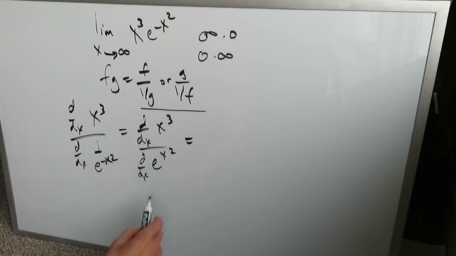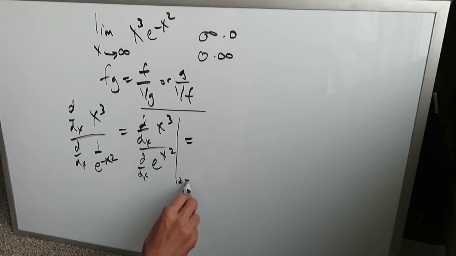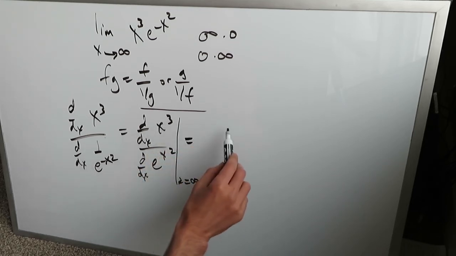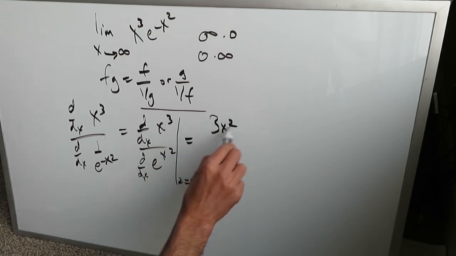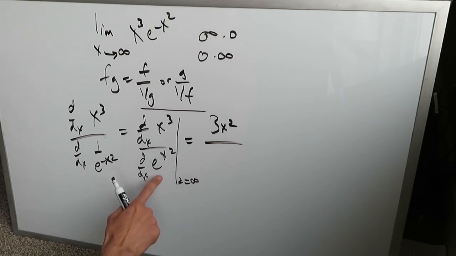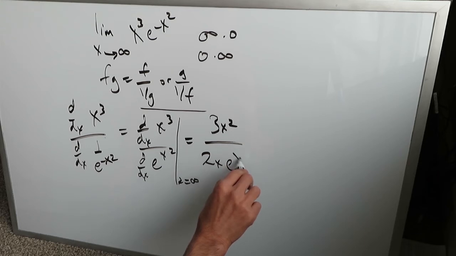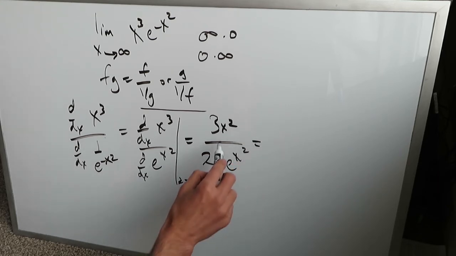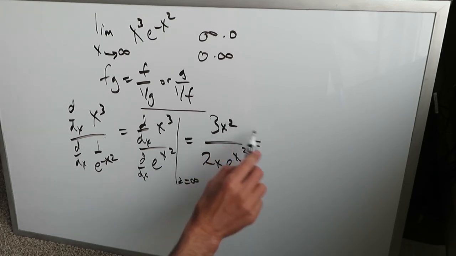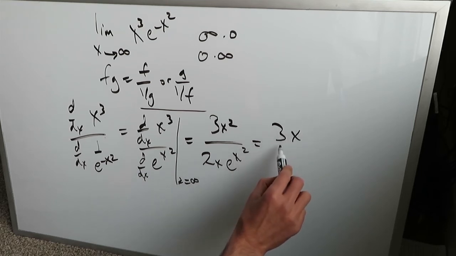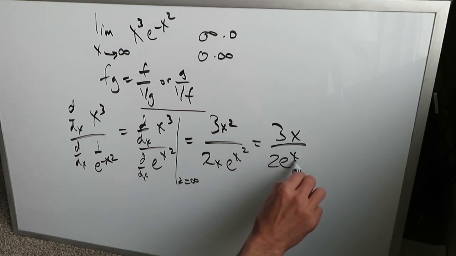You're doing the derivative of this. At the end of all of this, you'll actually be able to plug in x is infinity. The derivative of x cubed is 3x squared. The derivative over here using the chain rule would be 2x e to the x squared, and you can see that for yourself. And you can simplify these variables. The x's and that x squared can cancel out. You get 3x over 2e to the x squared.